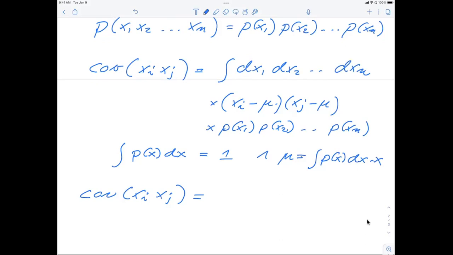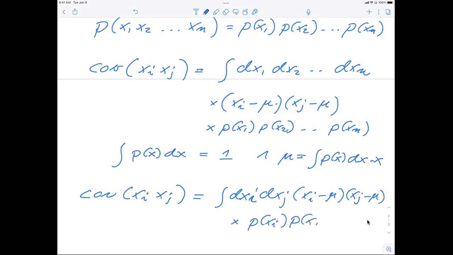So the covariance, if I run through the calculation here, since I only involve xi and xj, I can use the fact that these distributions are normalized. That means that I'm only left with an integral over dxi and dxj. And then I have x of i minus mu, x of j minus mu, multiplied with p of xi, p of xj.